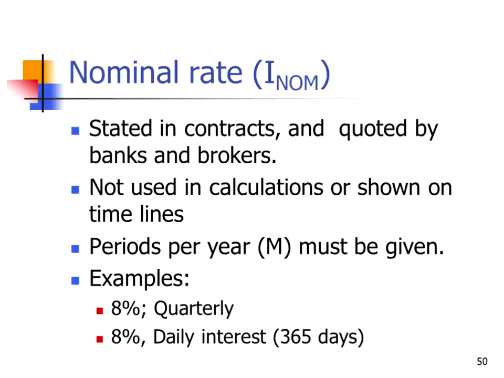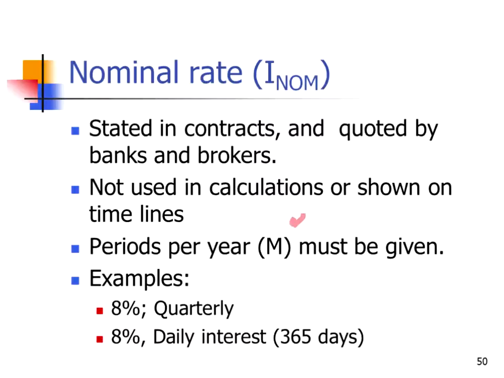But these are not used in calculations or shown on timelines. Why is nominal rate not shown on timelines or not calculated? Because remember the aspect of compounding. So the effective rate could be very different from the nominal rate because of the number of time periods that may be involved, and we'll show that with an example.